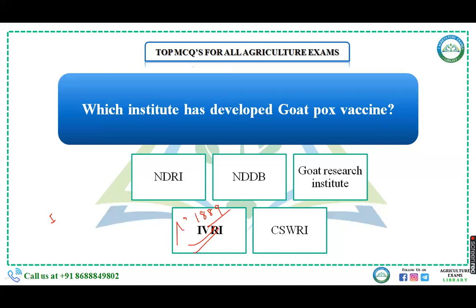Similarly, NDDB is the National Dairy Development Board, and it was established in 1965. Try to note down the things we are saying, which are important. It will be very useful for you.